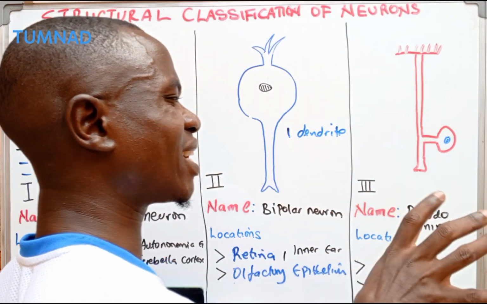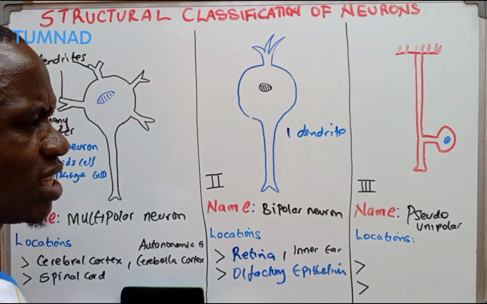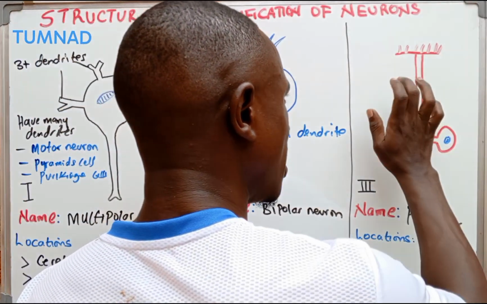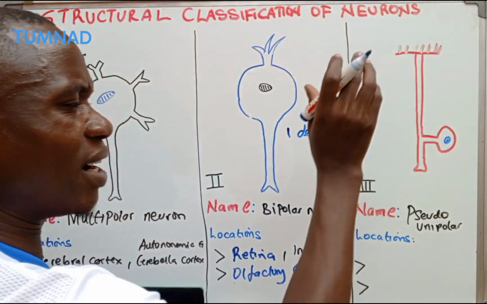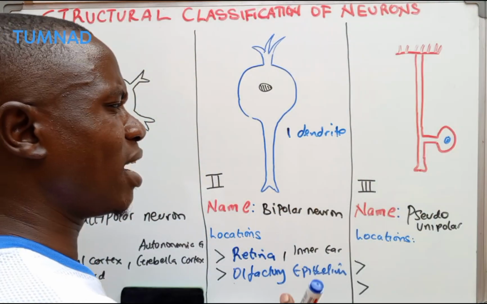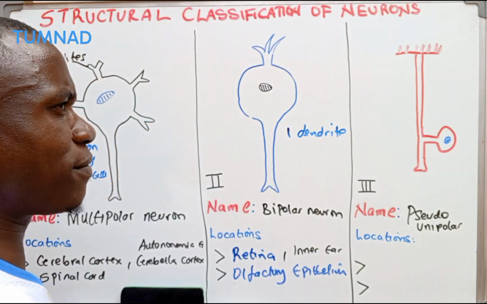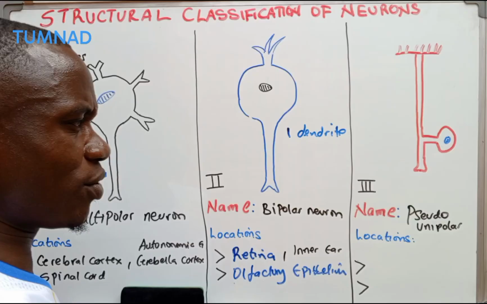Now this neuron is super crucial in that it constitutes a majority of the sensory neurons that pick up information from the periphery and feed it into the central nervous system. These are the sensory extensions that pick up information from the skin, from the muscles, from the joints, and feed it into the central nervous system.